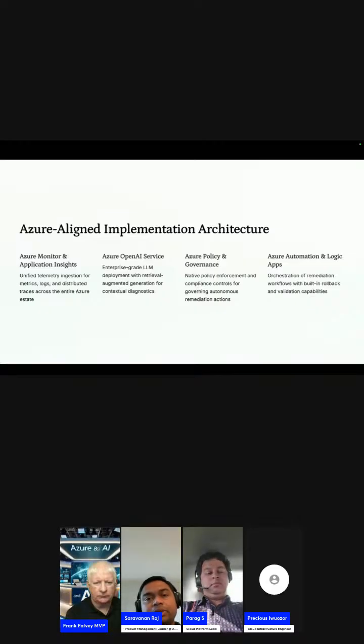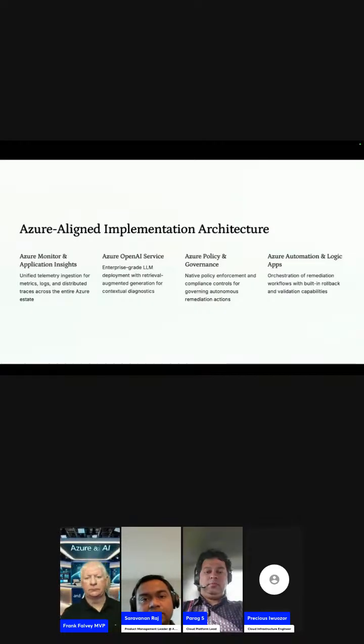The second step would be the OpenAI service itself, and it could be Semantic Kernel, but you need an enterprise-grade LLM that constantly looks at these signals and uses retrieval-augmented generation, RAG, for contextual diagnostics. The RAG model may consume inputs not only from the monitoring system, but also from historical incidents and outages.